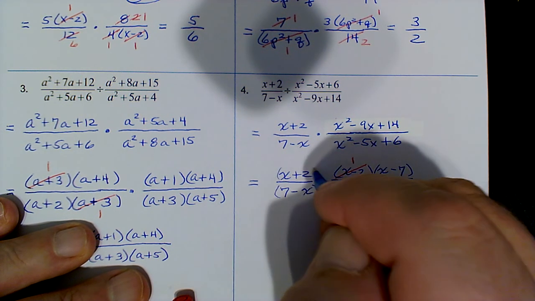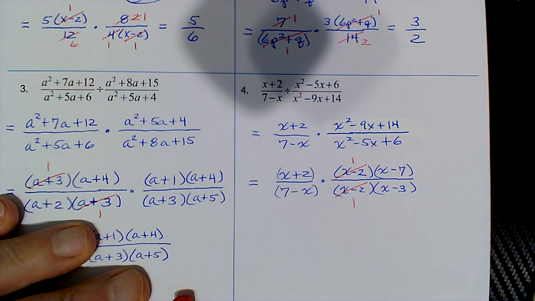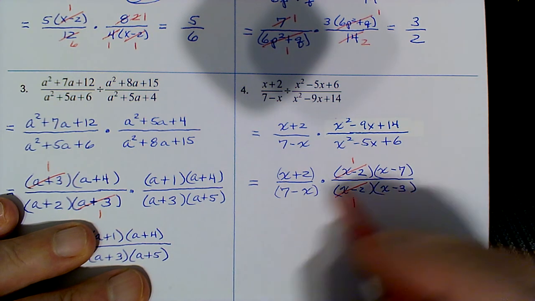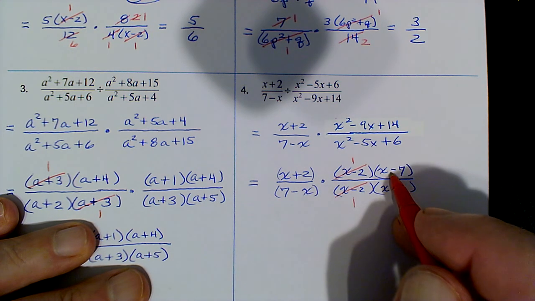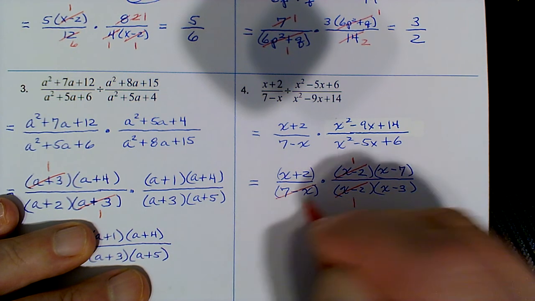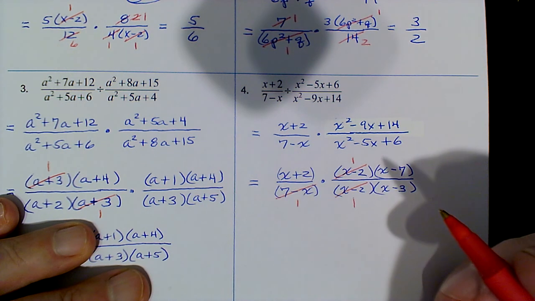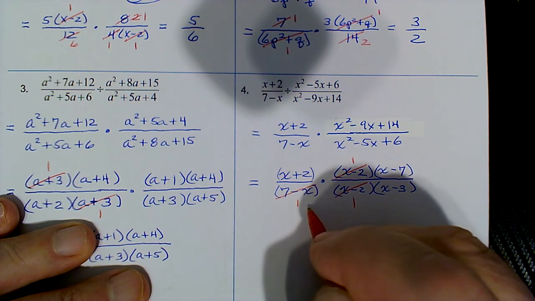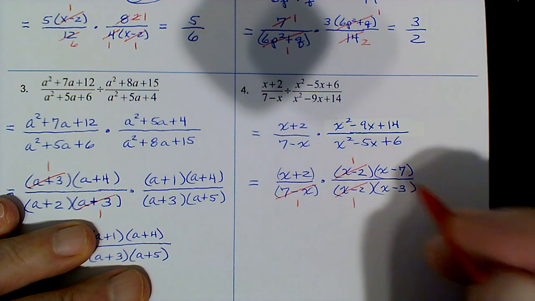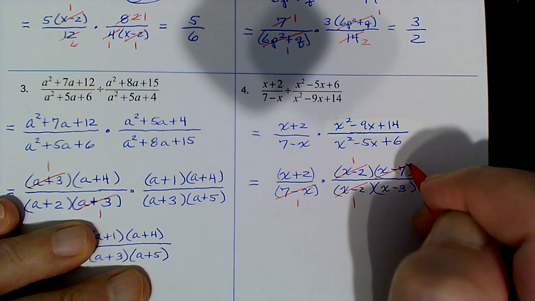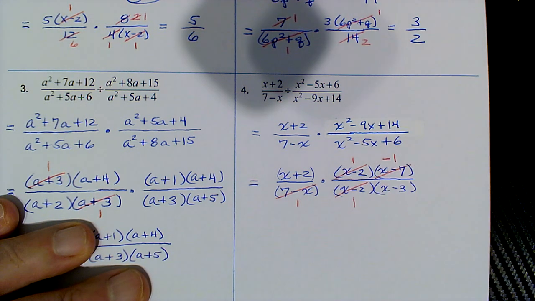Same with this x plus 2, you can put that in parentheses as well. But recognizing 7 minus x and x minus 7 as opposites, remember, we cancel one factor, replace it by a 1, and that's typically going to be the factor in the denominator, and then cancel the factor in the numerator and replace it by a negative 1. And that's all the cancellations.